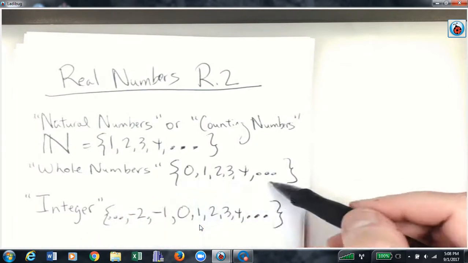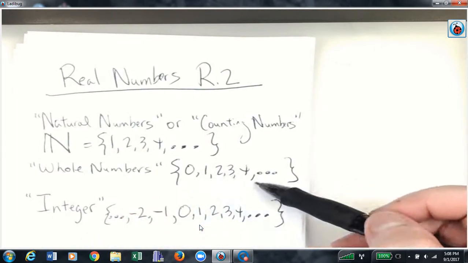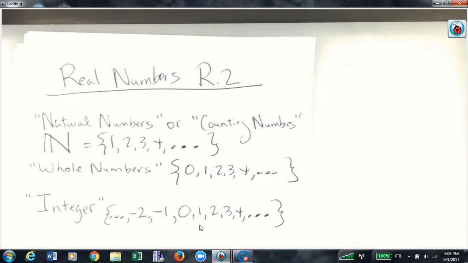So think of the whole numbers and then taking a negative of everything. Okay. So -6 is not a natural number. -6 is not a whole number, but -6 is an integer. The number +6 is a natural number. It's also a whole number. It's also an integer. Okay.